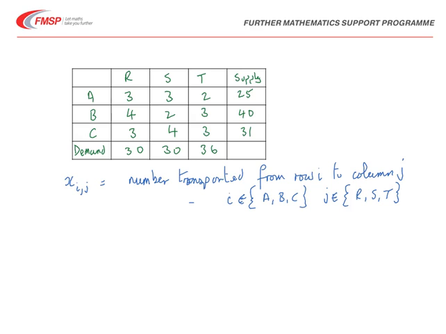There are non-negativity constraints which we're used to, so x_ij are all greater than or equal to 0. We want to minimize the cost. Well, the cost can be calculated by simply taking 3 times x11, which is the cost associated with the x11, plus 3 times x12 plus 2 times x13, and so on through the table.